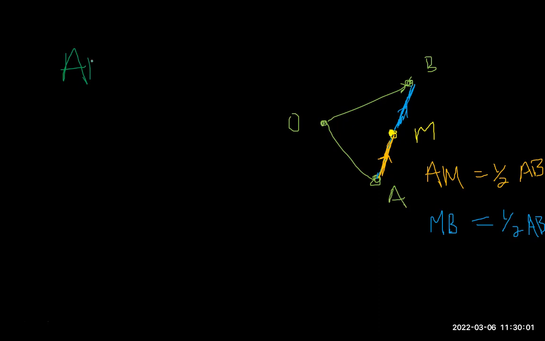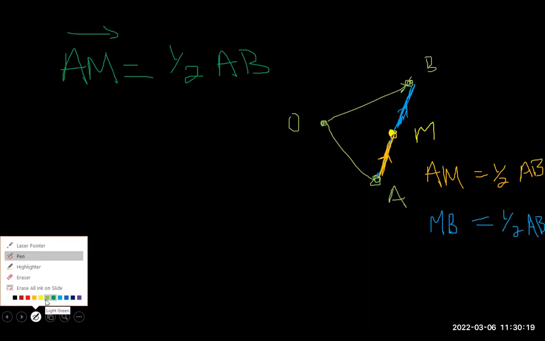So I said I'm using this one, right? AM, which is from the point A to the point M, is a half AB. So just like the question from before, I'm trying to find AM. Let me write AM now. Trying to find OM.